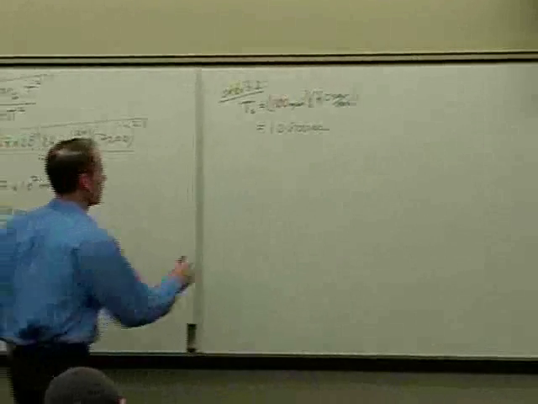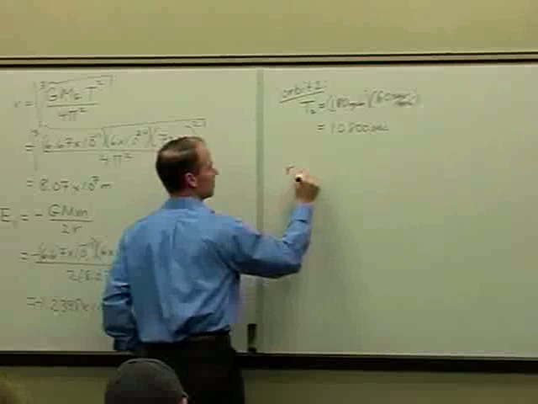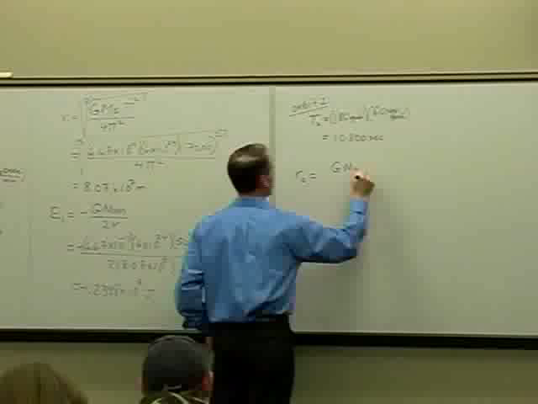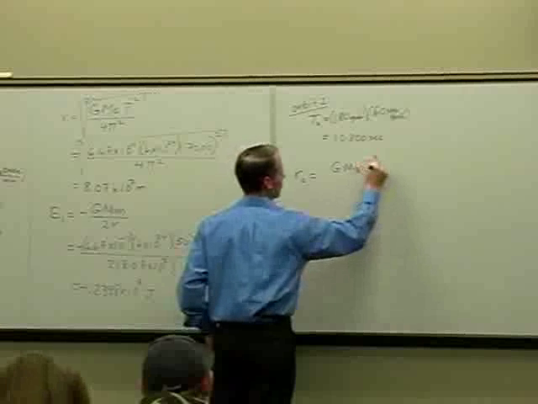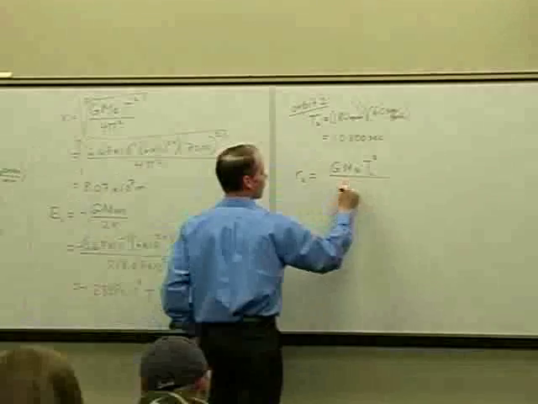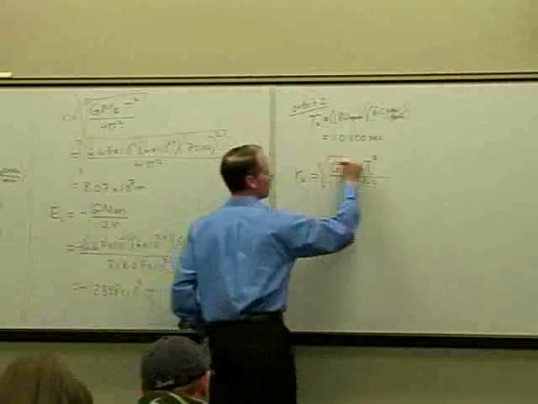This formula should apply. So radius 2 is equal to G mass of Earth, time period squared, over 4 pi squared, cube root.